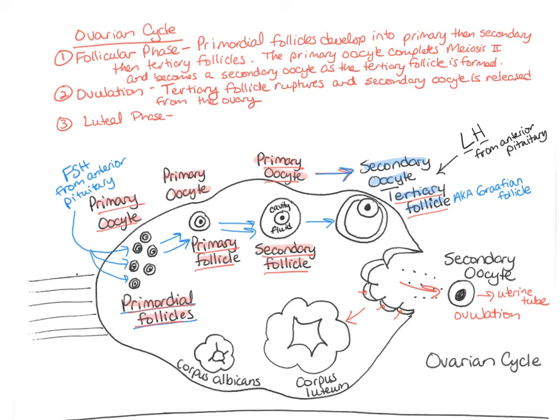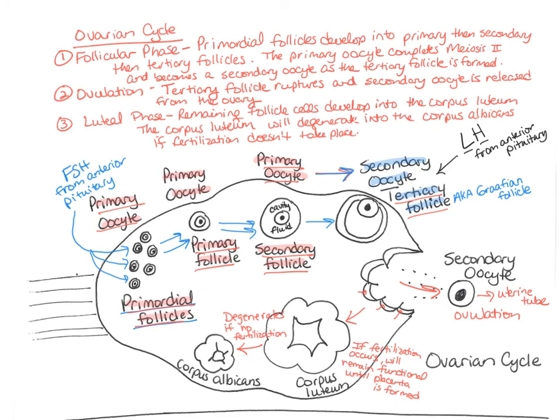If the secondary oocyte becomes fertilized, the corpus luteum will remain as a structure until the placenta is formed that will help to protect the developing zygote. But if fertilization does not occur, then the corpus luteum will degenerate into a structure that's called the corpus albicans.